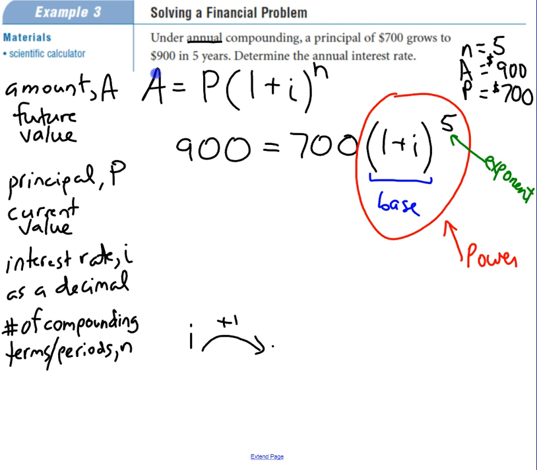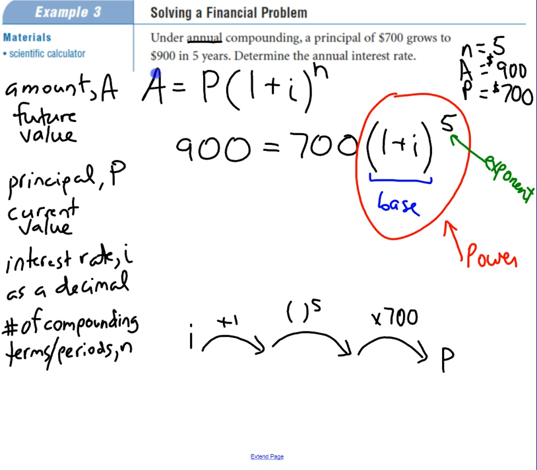The next thing we're doing is we are taking that and evaluating the fifth power. Then we're multiplying by 700, and that is producing our value of A.